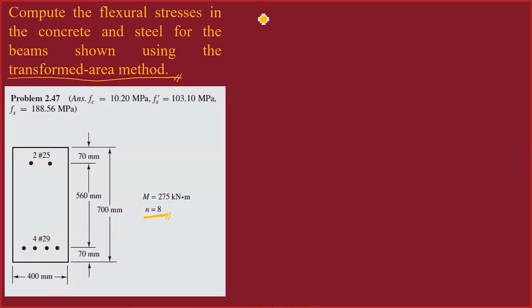For the steel in tension, to compute the equivalent area we just multiply the area of the steel by n, the modular ratio. So this is n equal to 8 multiplied by AS. What is the area of steel in tension?